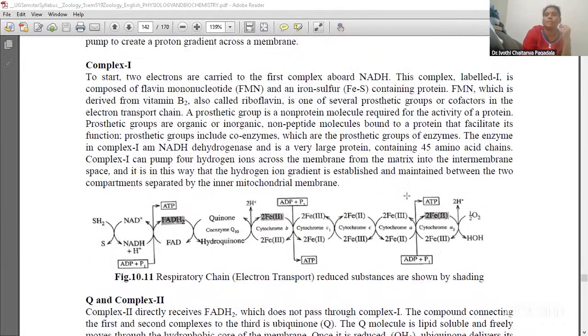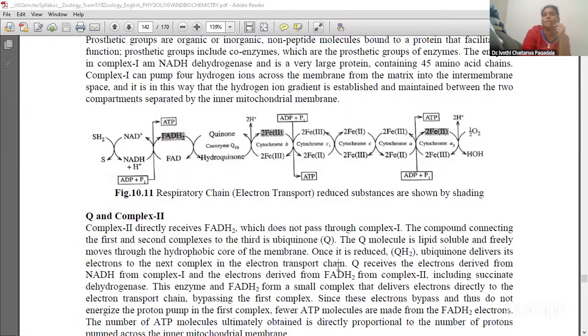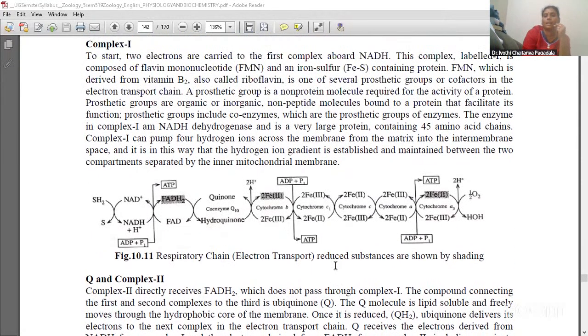The compound connecting the first and second complexes to the third one is ubiquinone, the Q molecule, which is lipid soluble and freely moves through the hydrophobic core of the membrane.